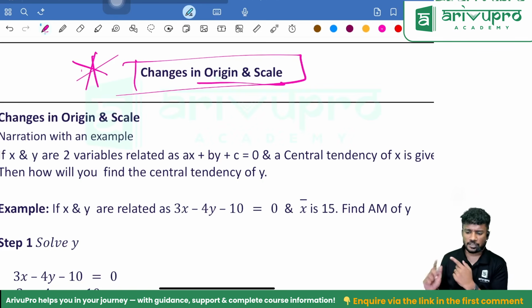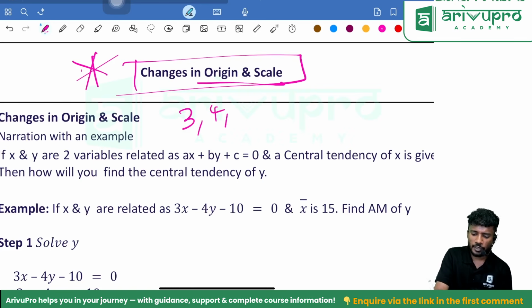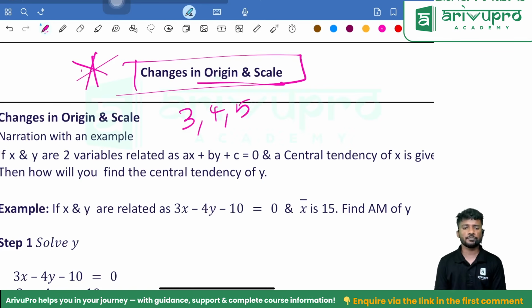For example, 3, 4, 5: what is the mean? 3 plus 4 plus 5 divided by 3, which is 4. Now, if I add 1 to all the observations, the mean will become 5.